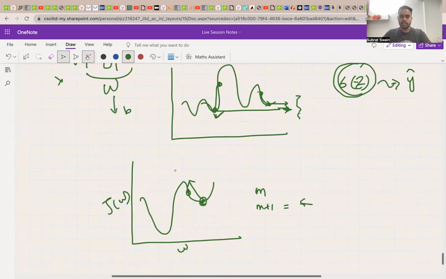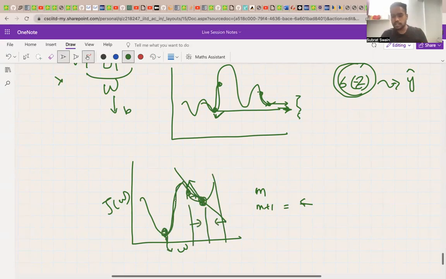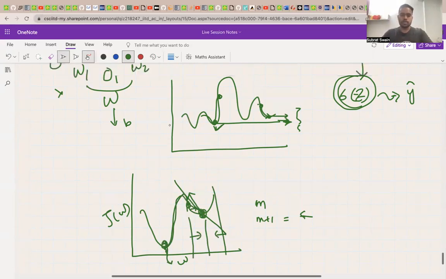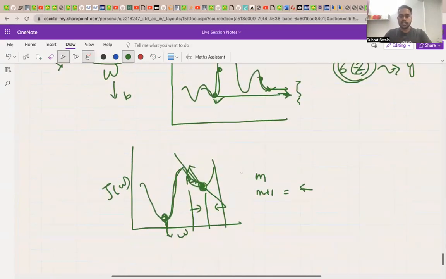If you are here, the gradient will be negative and you will always travel in this direction and reach here. Also, if you are here, you travel this direction and reach here. You can never skip this minimum and come here, where the actual minimum is. Here is the minimum that you will find. So what is the solution for this? The solution is that you just randomly initialize 3-4 times.